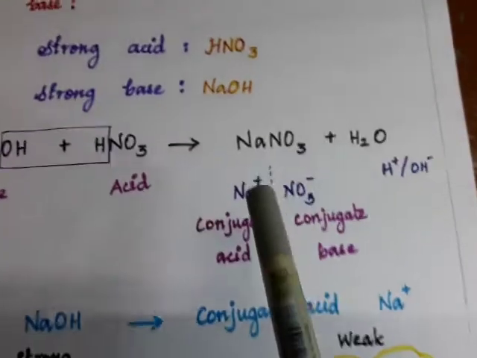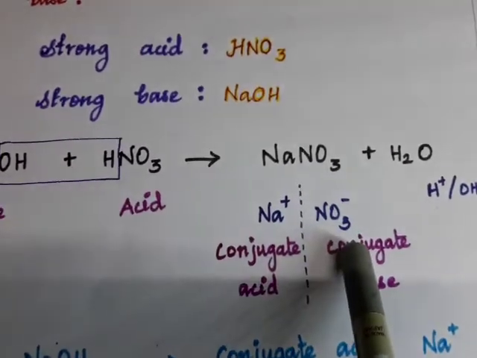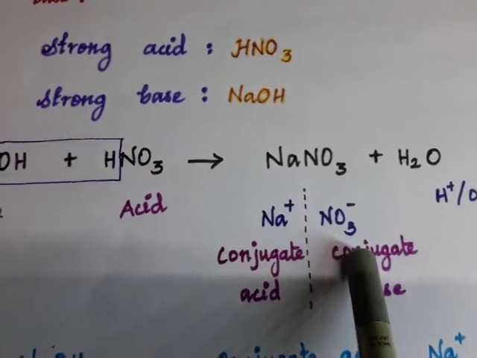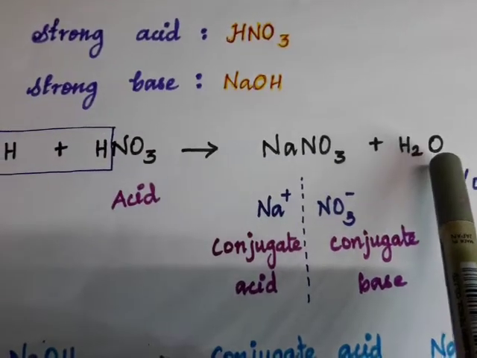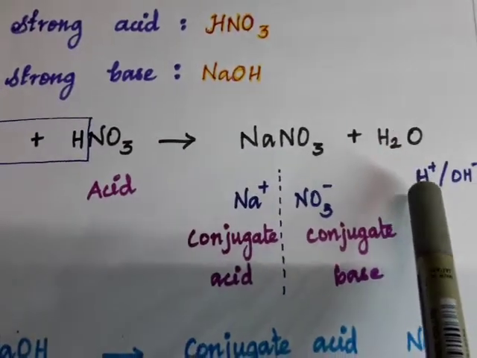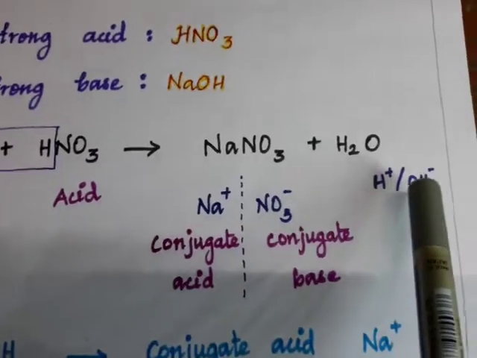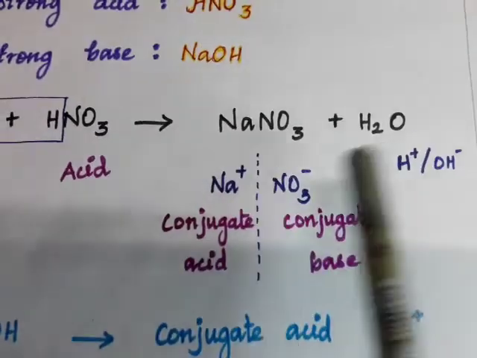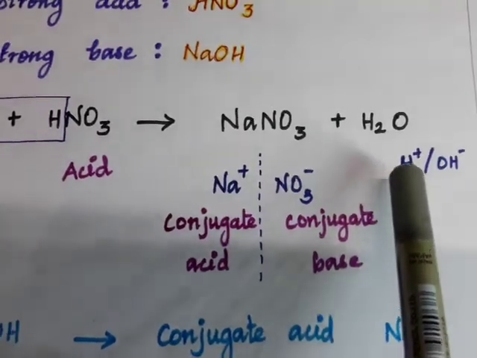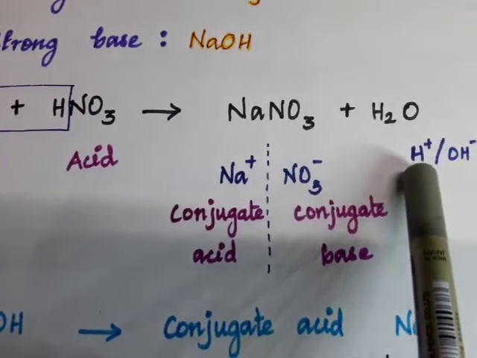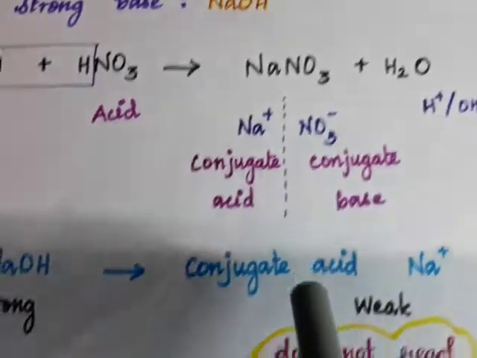So the formed Na plus and NO3 minus both do not react with water, which contains H plus ion and OH minus ion. If they do not react, there will be no change in the concentration of H plus ion and OH minus ion.